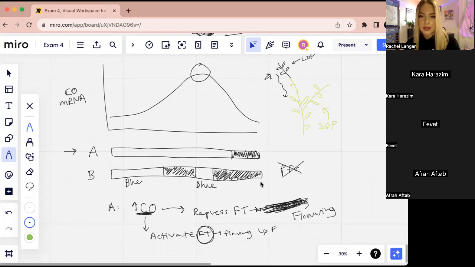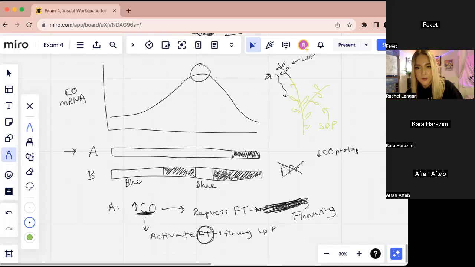So there is not the coincidence of PFR and peak CO mRNA. So you would get the opposite. You would get lower CO protein in the short day plant, that would de-repress FT, and you would get flowering.